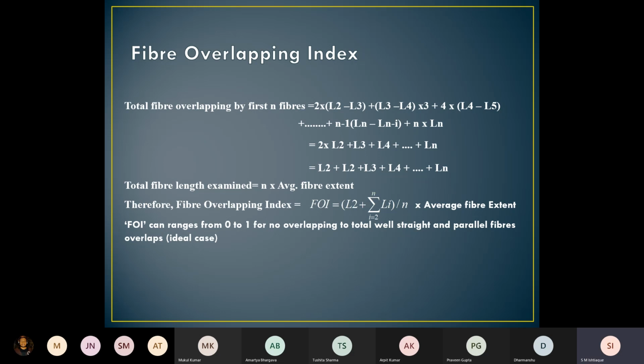I'm twisting the yarn giving the same amount of twist, assuming the fiber extent in both is the same. Now you tell me which yarn will contribute more to yarn strength: the yarn with average overlapping length 28 or 23?